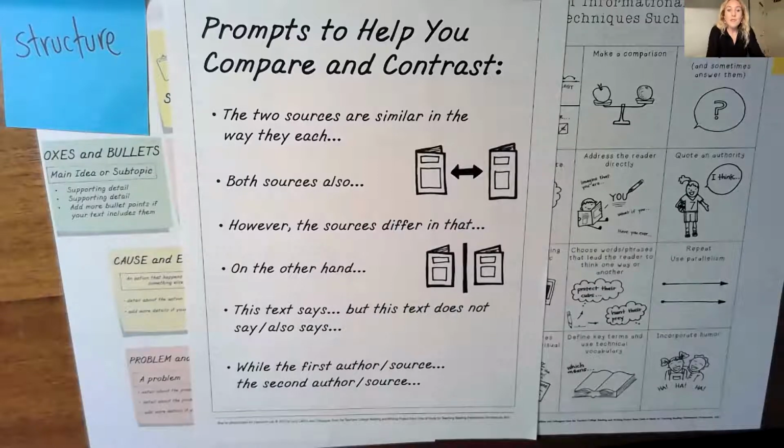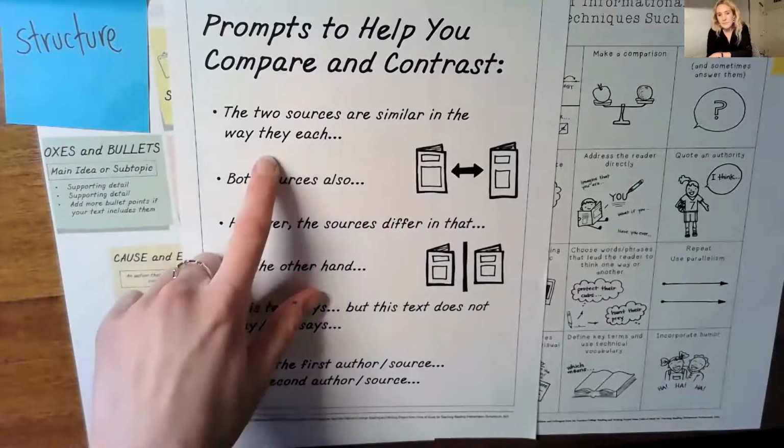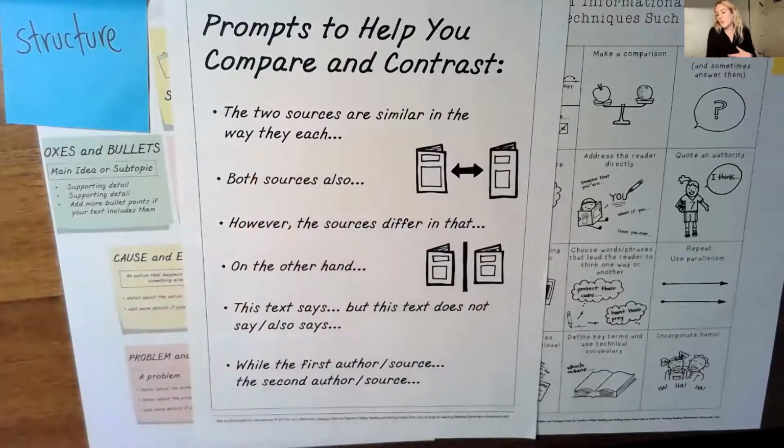So we read now two texts on the same subtopic that seem to have pretty different ideas in them. And so you want to get to the bottom of it, like what really is the difference and how do we know? So you might use things like, these two sources are similar in the way that they both teach on the challenges that youth activists face on the issue of climate change.